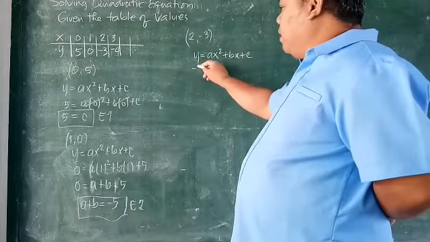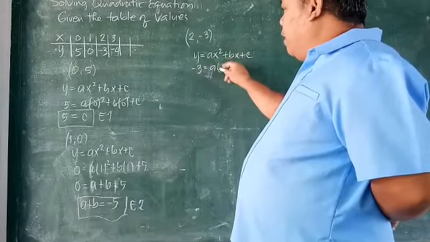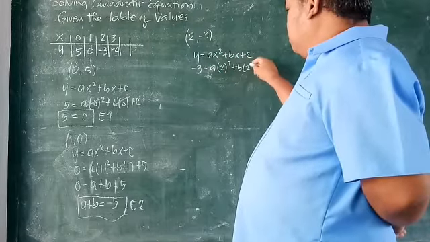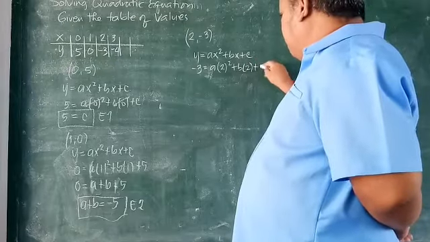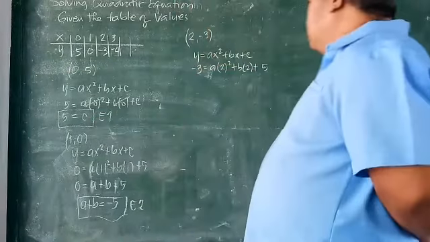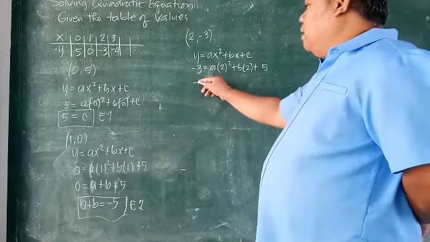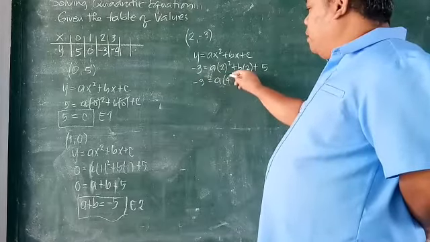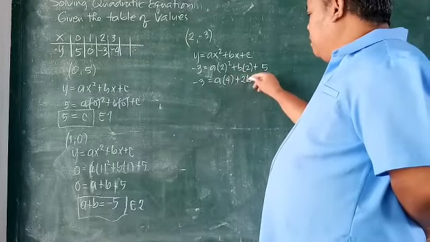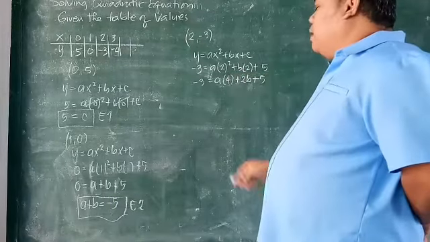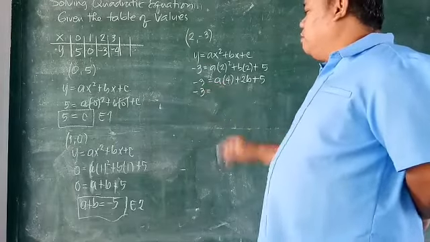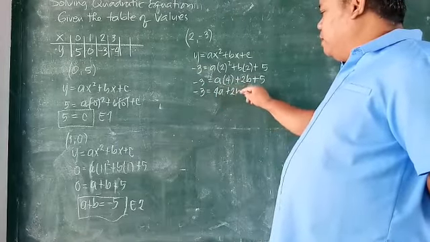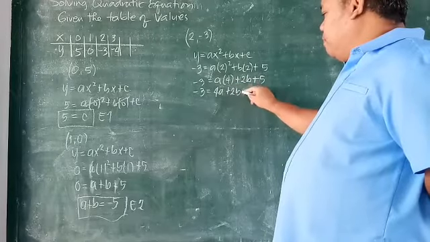So y is negative 3, your x is 2: a times 2 squared plus b times 2 plus your c, which is 5. So negative 3 equals 4a plus 2b plus 5.